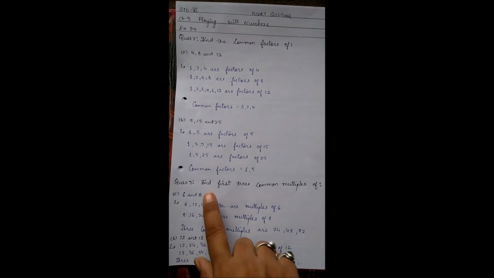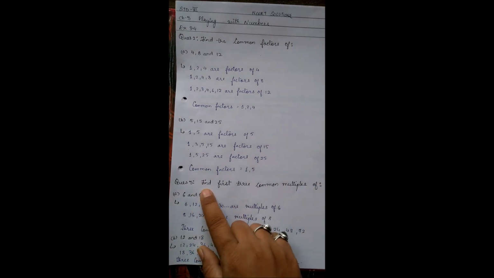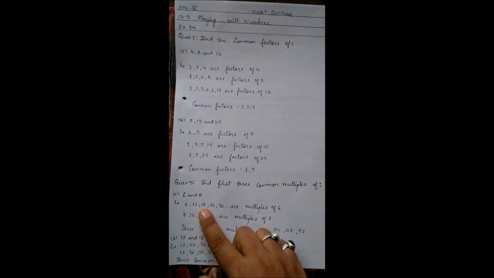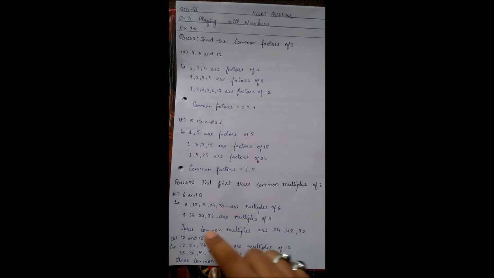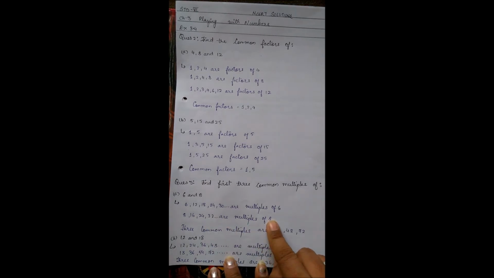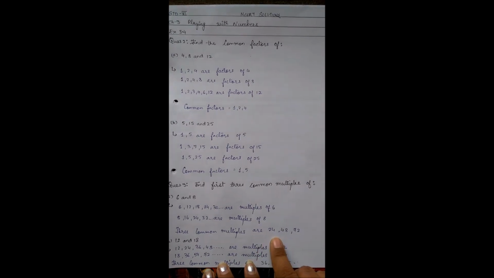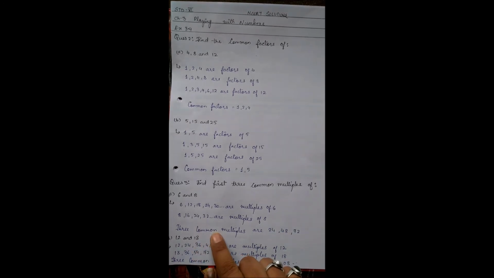Question 6. Find first three common multiples of. So 6 and 8. 6, 12, 18, 24, 30 are the multiples of 6. 8, 16, 24, 32 are the multiples of 8. So the three common multiples are 24, 48 and 72. 12 and 18.